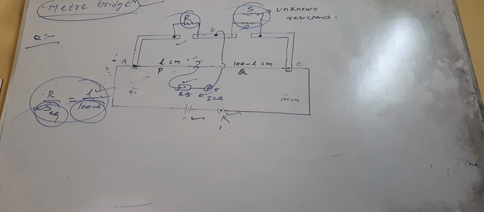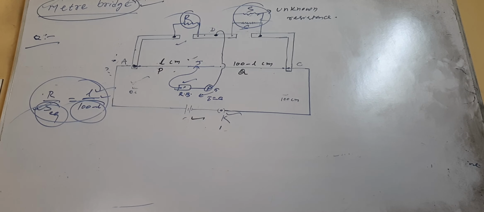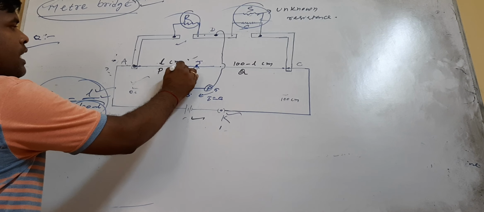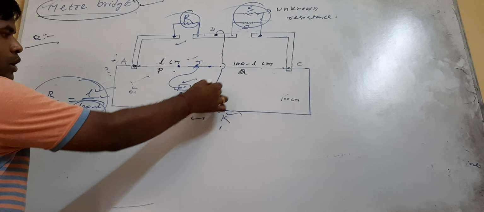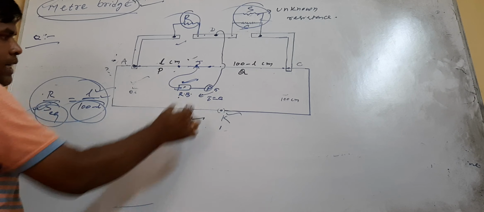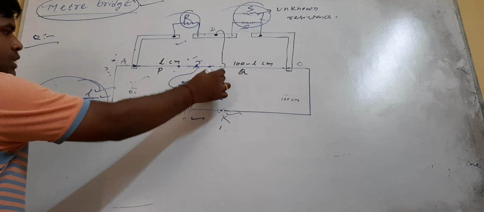Then is it necessary to connect a resistance box? It is better to connect a resistance box in series with the galvanometer. Why? Because suppose you are getting the null point here, but besides this null point, some current is flowing through the galvanometer. If a resistance box is connected and you are providing some resistance, that limits the current.